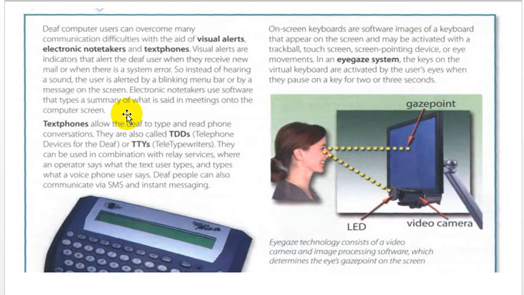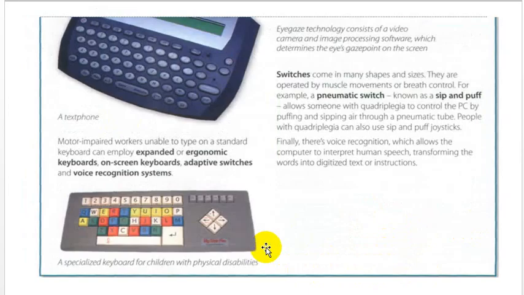The keys on the virtual keyboard are activated by the user's eyes when they pause on a key for 2 or 3 seconds. Eye gaze technology consists of a video camera and image processing software which determine the eye gaze point on the screen. Okay, let's go ahead for further reading.